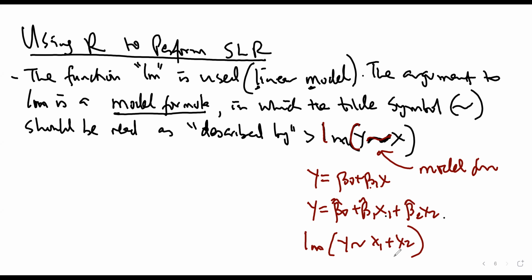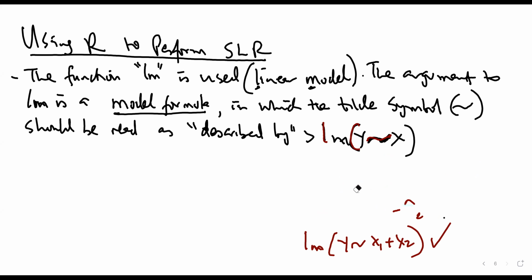Okay, in addition to this, when you run this, we'll get the coefficients. You will get the regression coefficient, that is beta naught, and the slope coefficient or coefficients. But there is much more information that you may also want to get. So instead of running the code like this, you prefer to assign it a name.